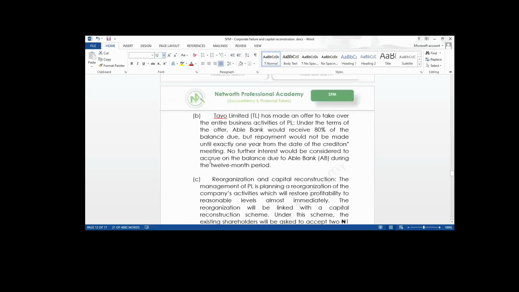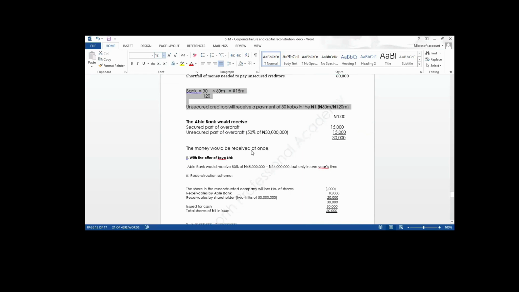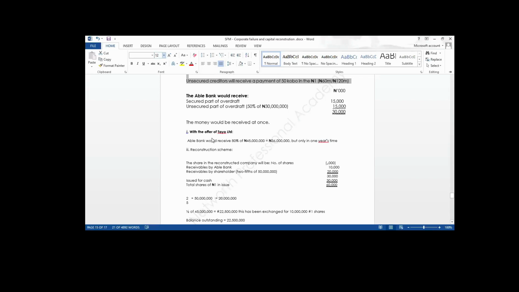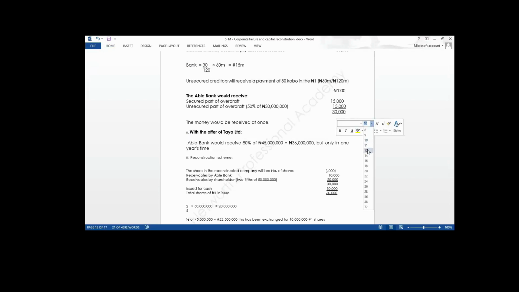Under Proposal A, Able Bank will get 30 million naira immediately. Under Proposal B, Able Bank will receive 80% of 45 million, 36 million, but only in 1 year's time.